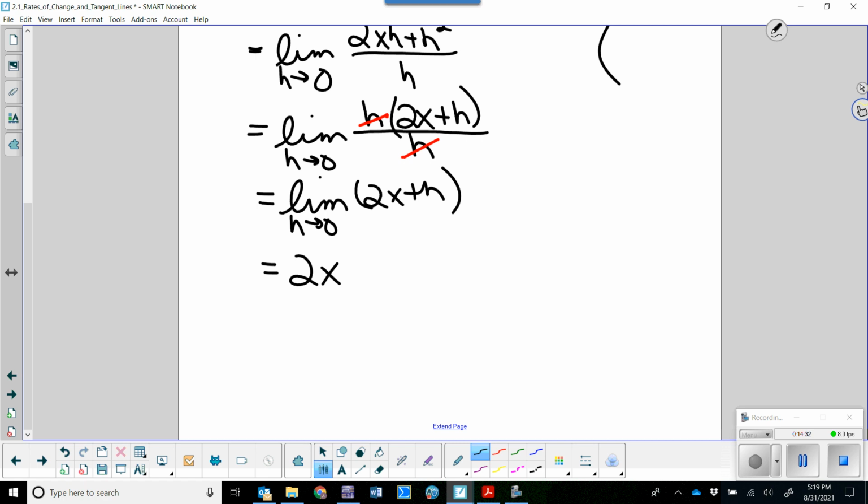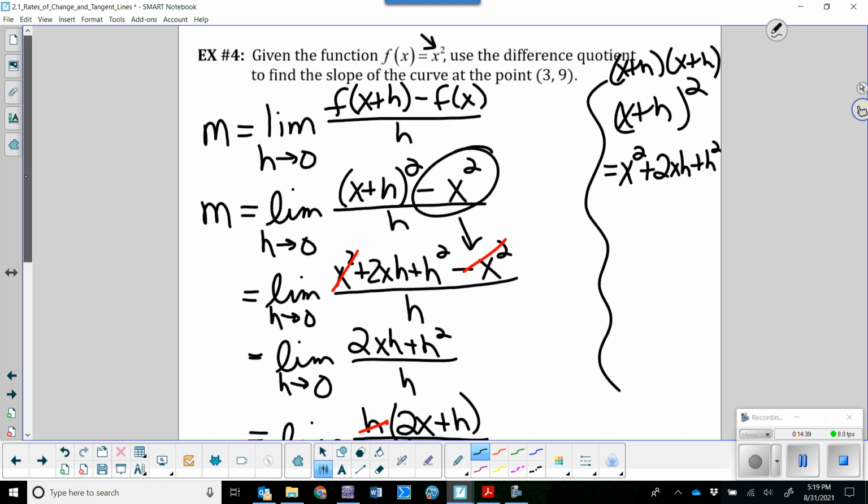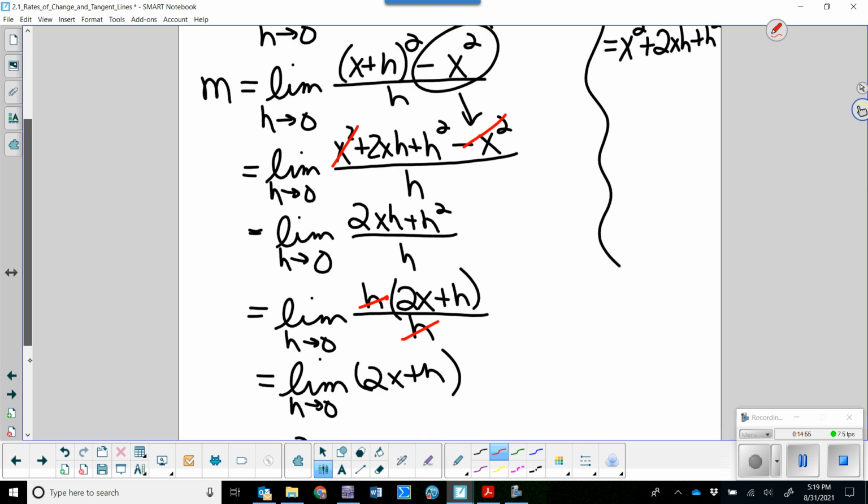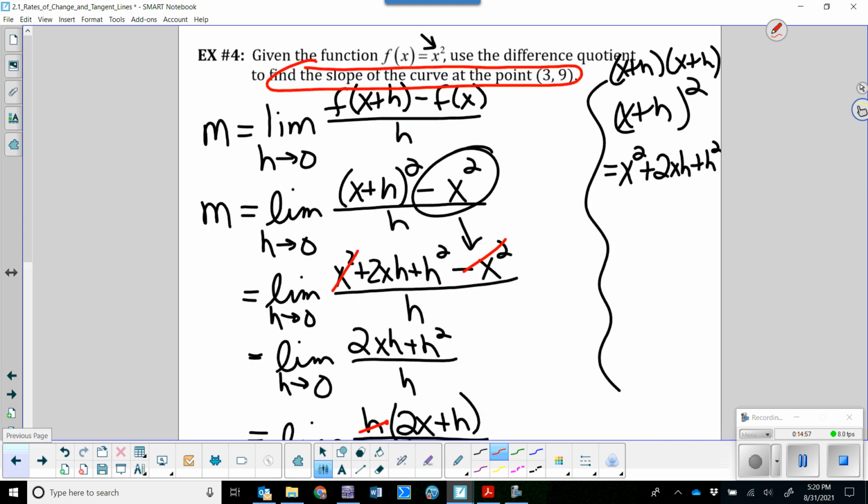Well, what that gave us is the generic formula that gives us the slopes for all the tangent lines to x squared. So this is for all the different points. This is the formula that gives us the slope. The question says, find the slope of the curve at this particular point, 3, 9. So that means the answer to my question is, and here's a way that you can write that.